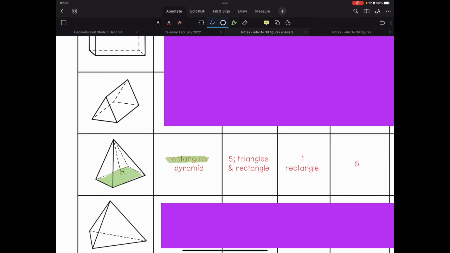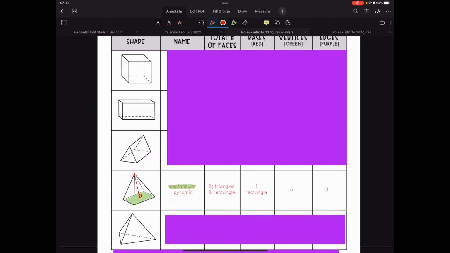So I'll just do this in red. Now here's the height. You've got to look carefully. This is the height that goes from the very peak, from that vertex, down to the base. And here's our right angle. So this is 90 degrees right there where the height meets the base. So it's a rectangular pyramid.